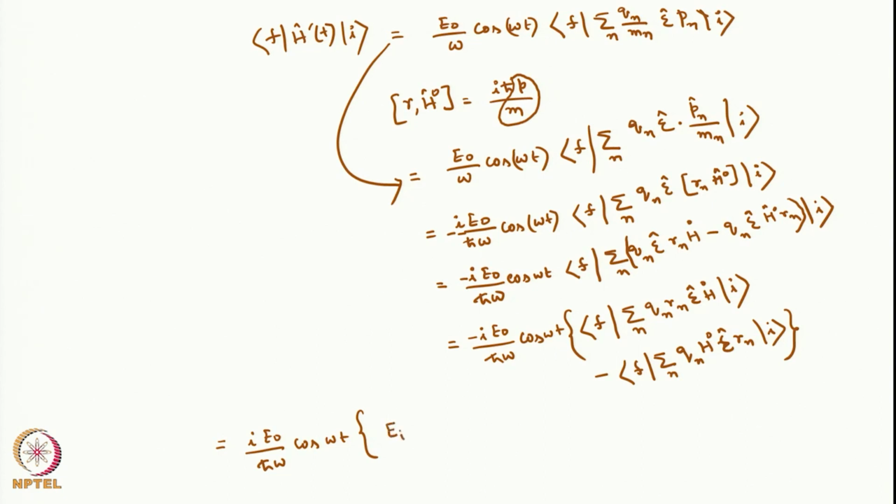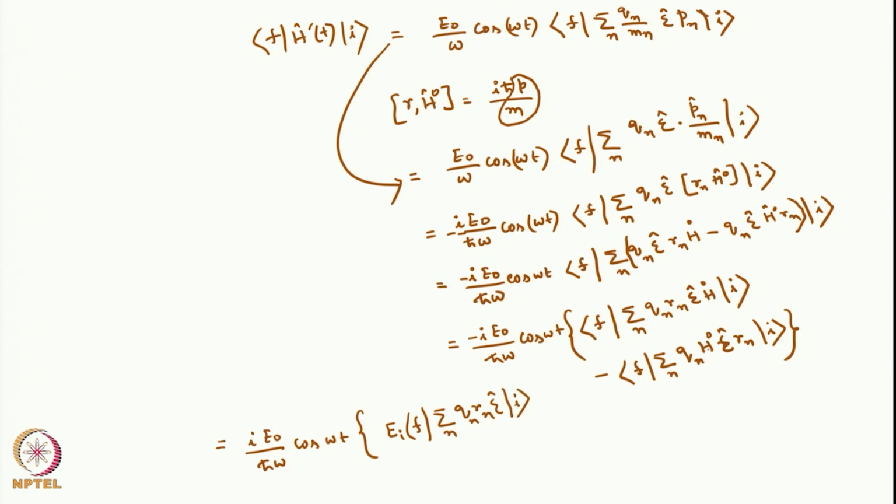Because E i is a number, f sigma over n q n r n epsilon i.